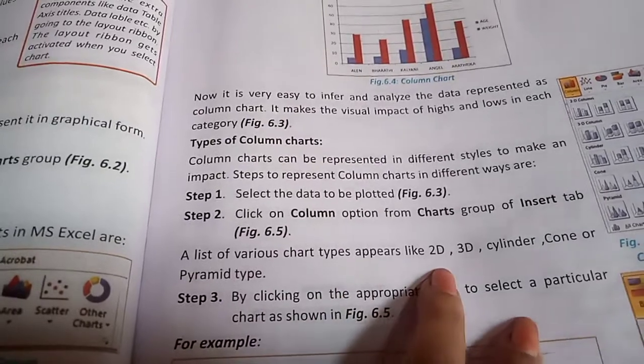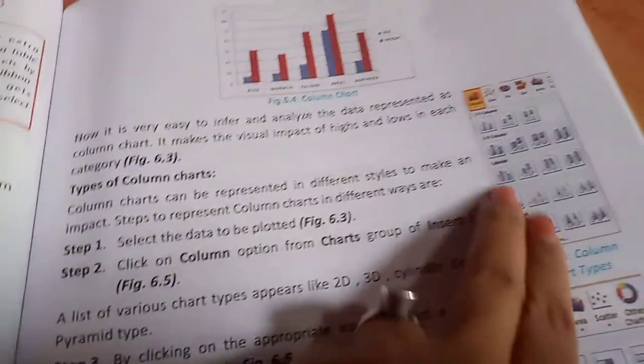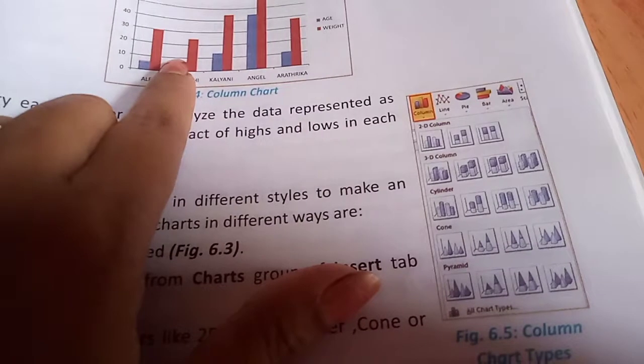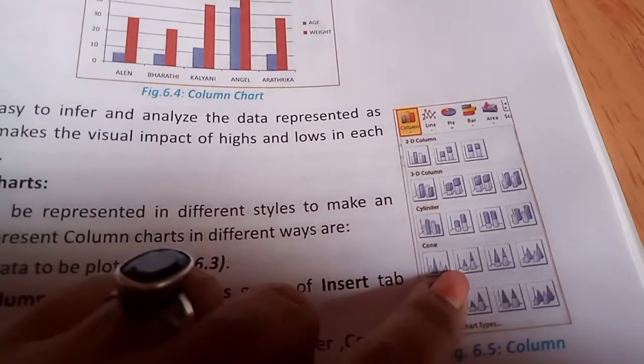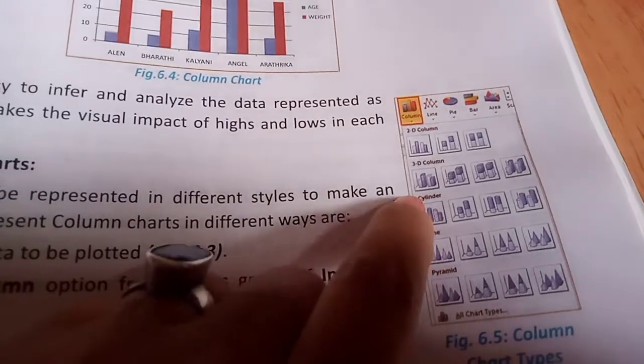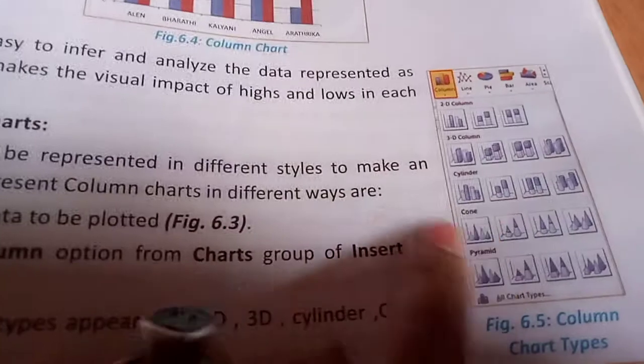There is a list of 2D and 3D, cylinder, cone, and pyramid. You see the 3D cones. This is the simple one. If you want a nicer design, there are pyramids, cylinders and 3D. These are the different chart designs given here.